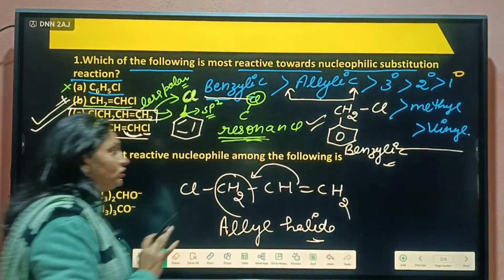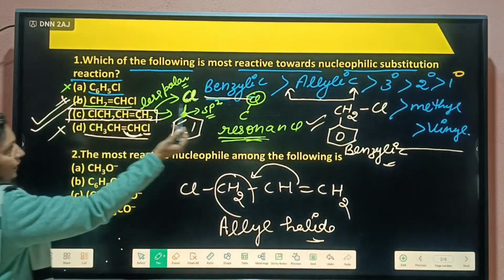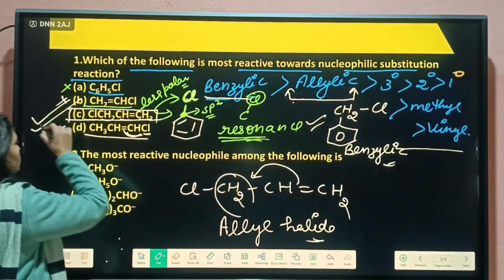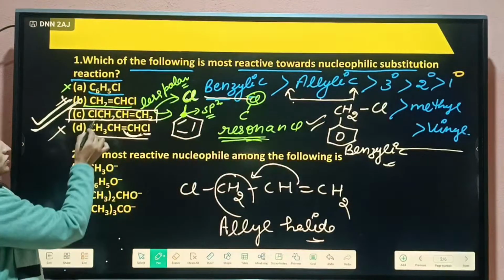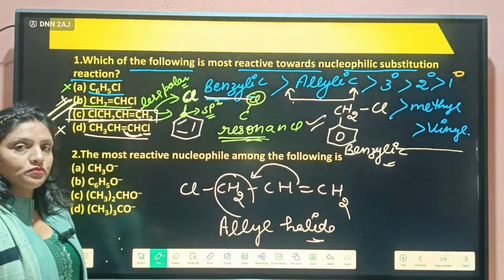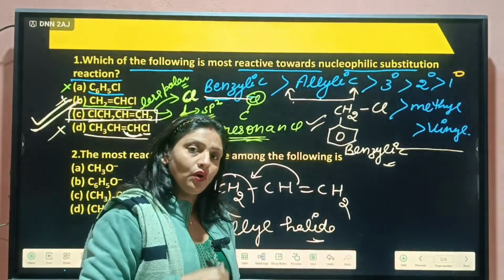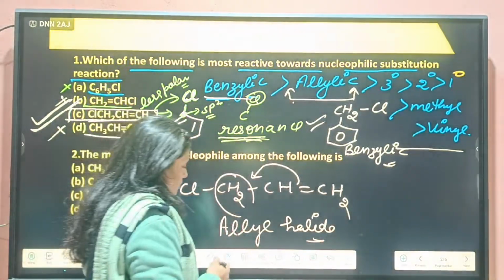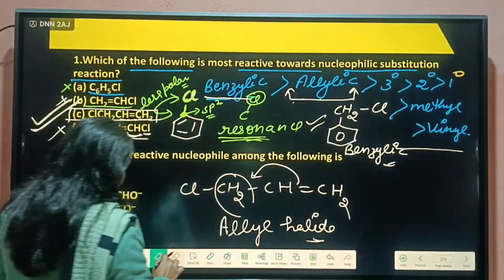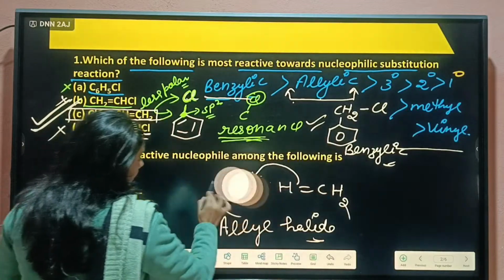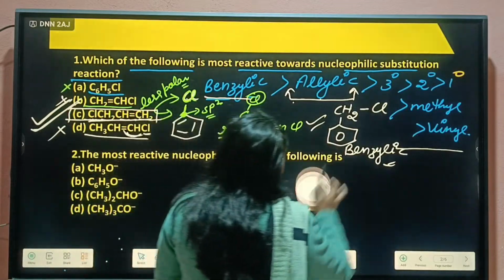But it is not in our options, but allylic is in our options. So we will go with this one. So here C is the correct option for this question. I hope this question is clear to you all. Then students, let's see question number 2.